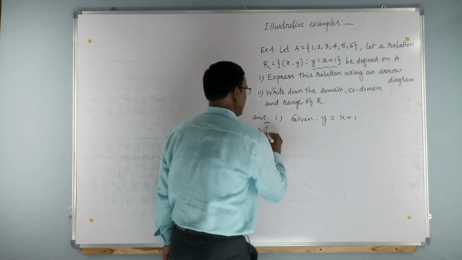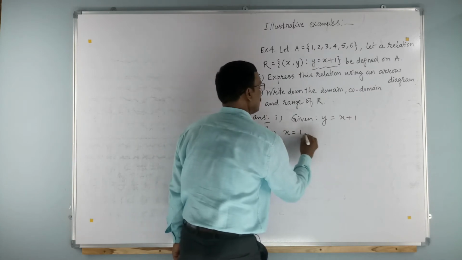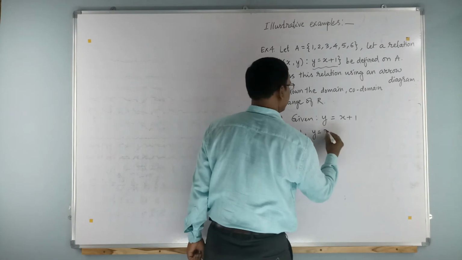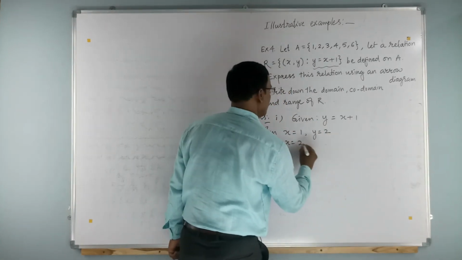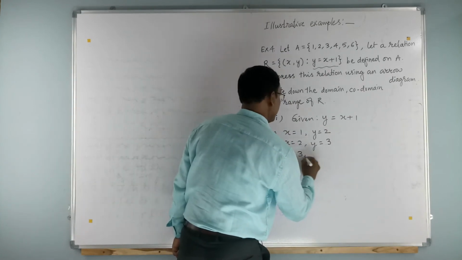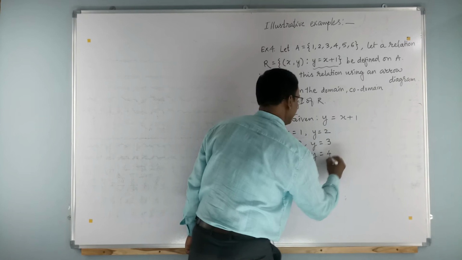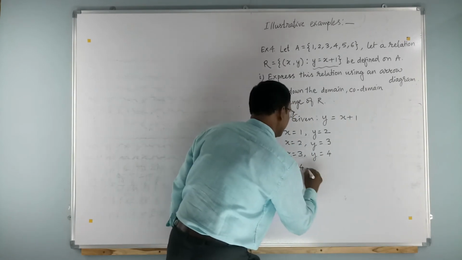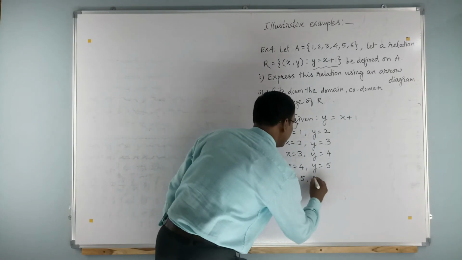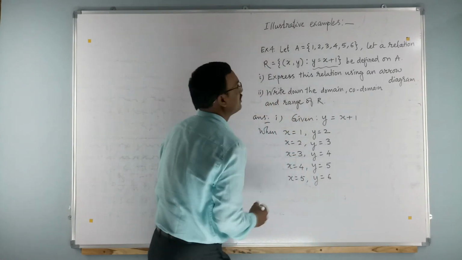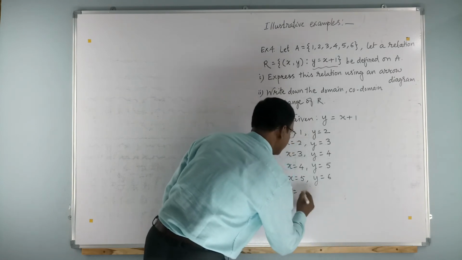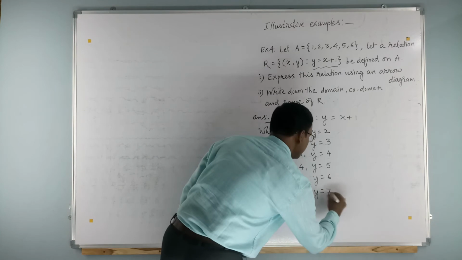When x is equal to 1, y is equal to 1 plus 1, 2. x is equal to 2, y is equal to 2 plus 1, 3. x equal to 3, y is equal to 4. x equal to 4, y is equal to 5. x equal to 5, y is equal to 6. And x equal to 6, y is equal to 7.